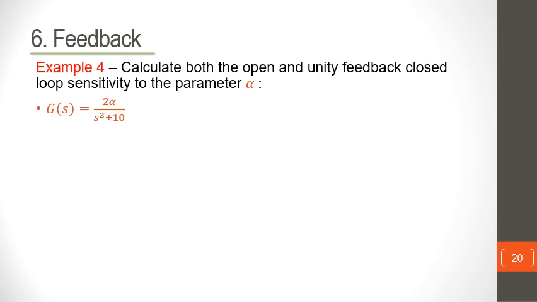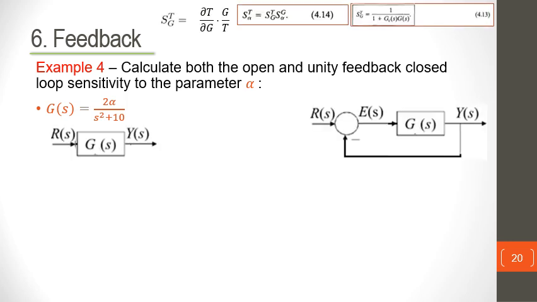So let's look at an example here. We are to calculate both the open loop and the unit feedback closed loop sensitivity of the transfer function with respect to a parameter alpha. The transfer function here is simply equal to 2 over s squared plus 10 times the alpha that we are looking for.